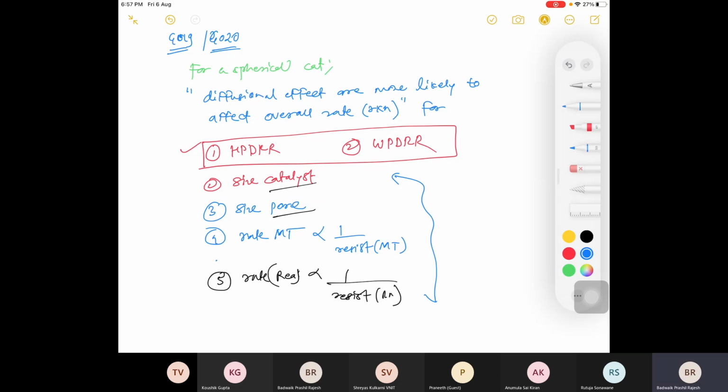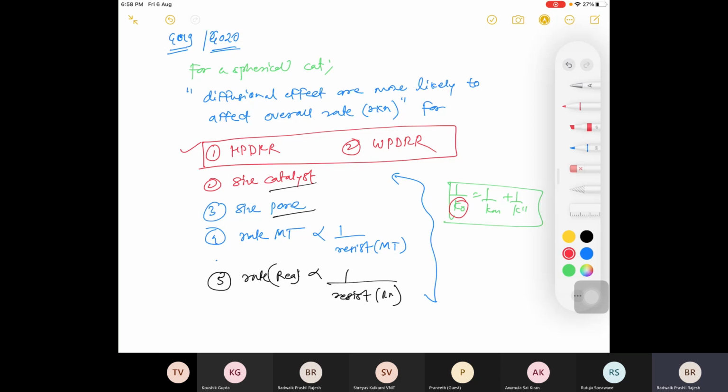Overall rate is decreasing. Weak pore, sir. Weak pore, is it? Diffusional effects are more likely to lower the overall rate of reaction. Yes, sir, weak pore. How? Sir, the reaction rate is lower in weak pore. It is not reaction rate, it is overall rate. K overall is equal to 1 by Km plus 1 by K double dash.